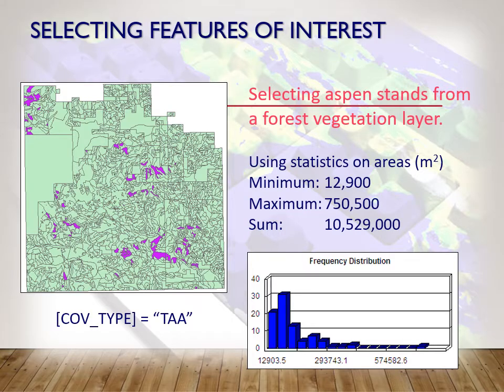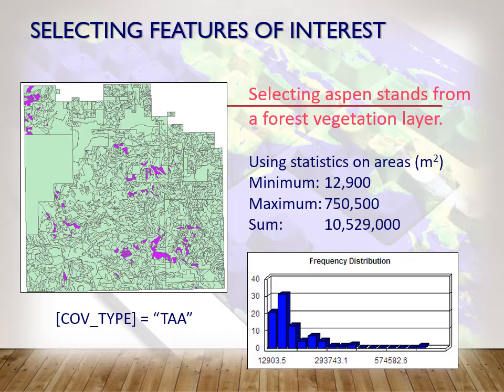So you can also think of it as you're selecting features that you're interested in. For example, let's say you open up the properties of a table and you want to know which aspen stands are from a forest vegetation layer. So you can query for that, and then using the table you can calculate statistics just on those features, those aspen stands from a forest vegetation layer.